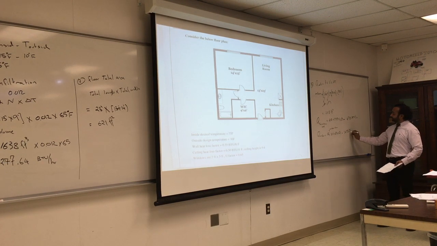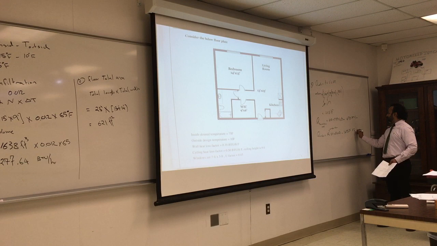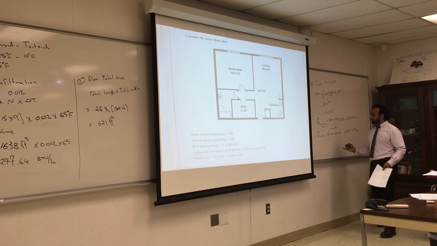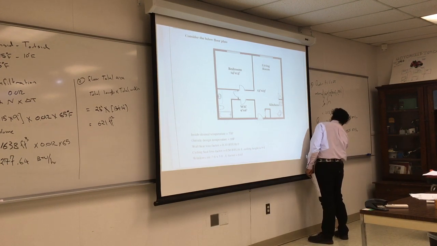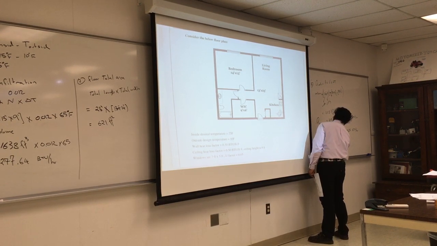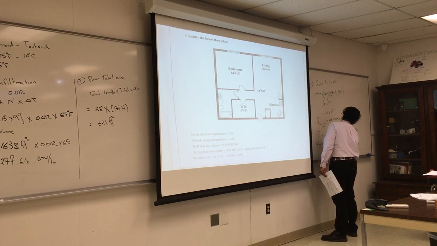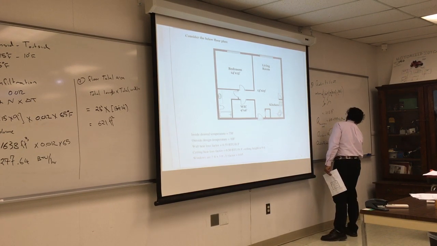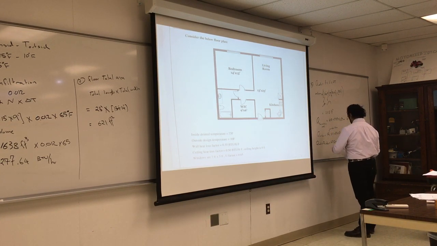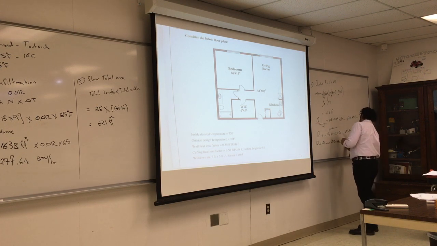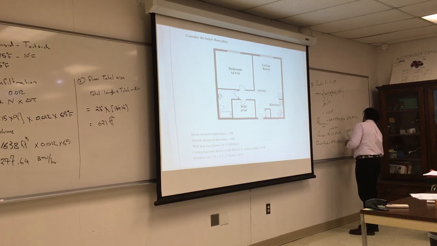So it's the window, it's the wall. You can leave it as is, or you can add them together, because in real life, you're gonna add this together. Q wall plus Q window. The total is $6,201.75.